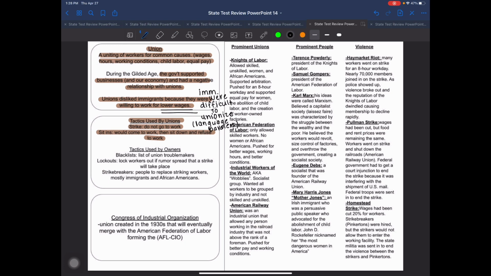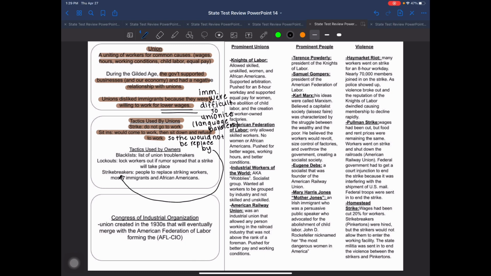And the reason that they did this is so they would not be replaced by, and I'm going to draw an arrow down here, strike breakers.